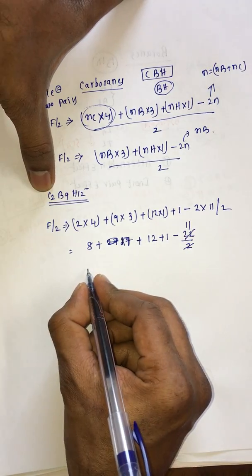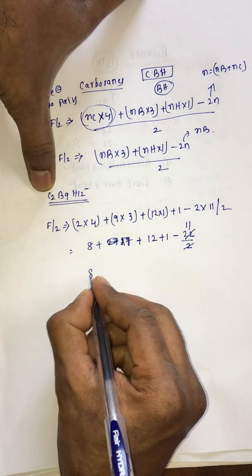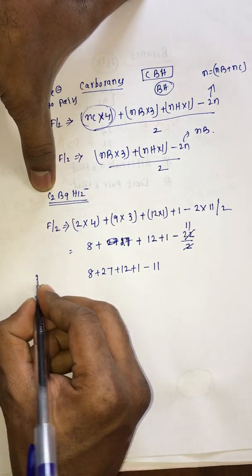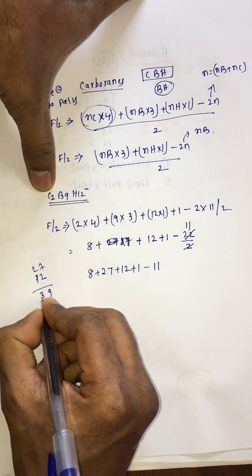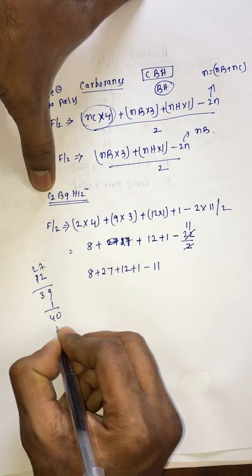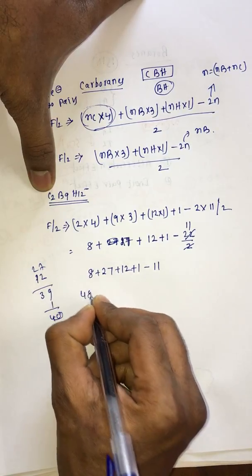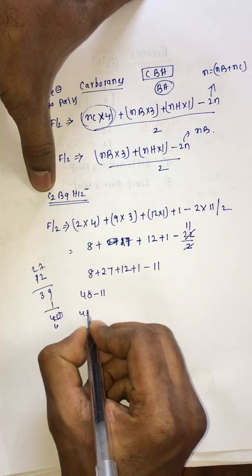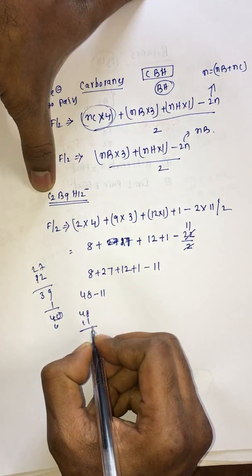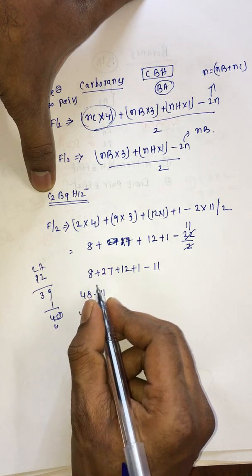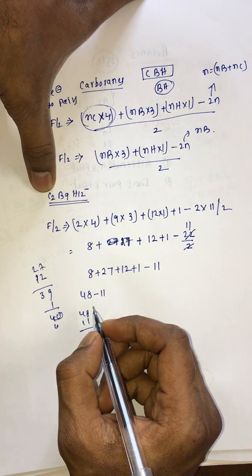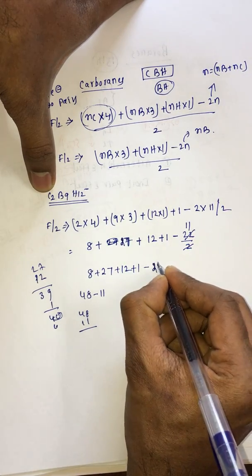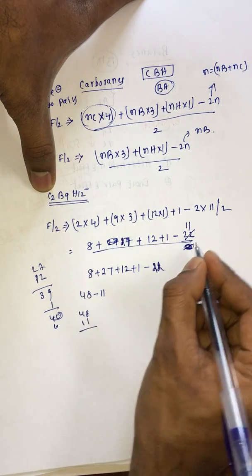That is 8 plus 27 plus 12 plus 1 minus 22, which is 48 minus 22. Sorry, I made a mistake: the 2 is for everything.